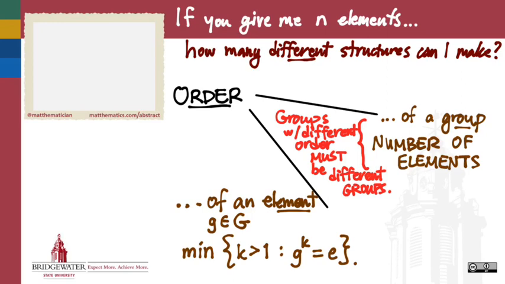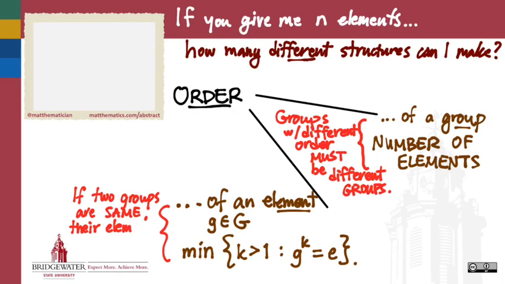That's the question that I want us to start thinking about today, with the expectation that if two groups are the same, if they're not different, that means that their elements have to have the same orders. Their elements must have all the same orders.